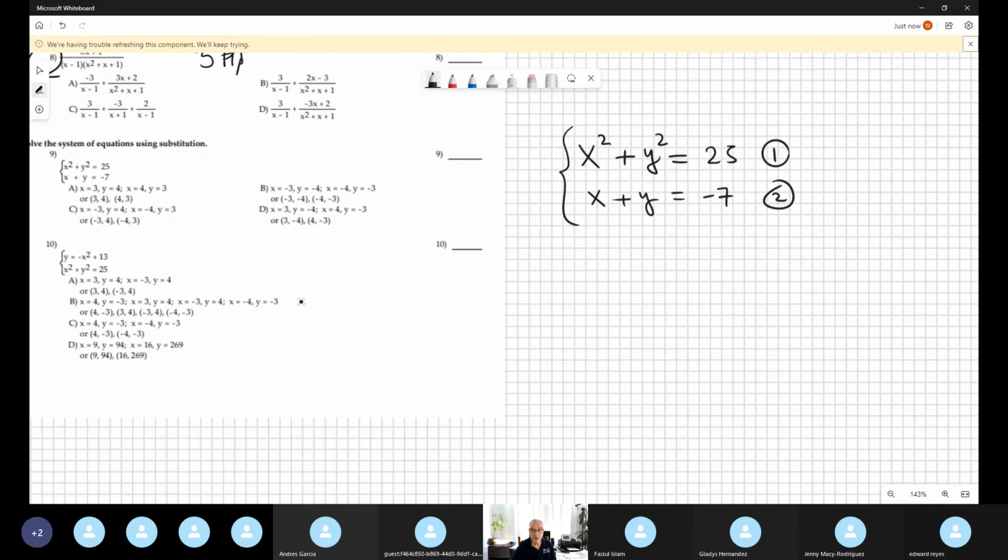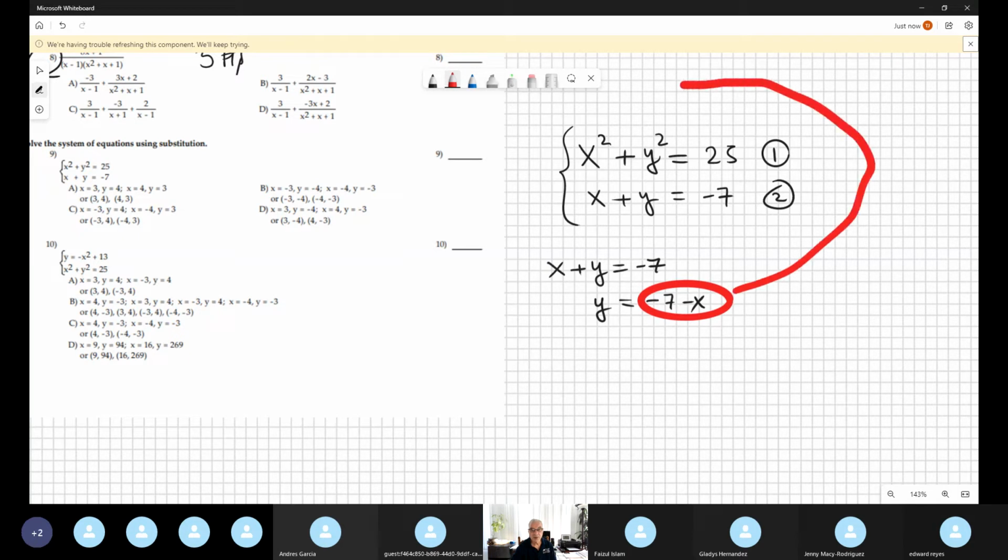In my paper, I isolate y, but you can isolate x: y is -7 minus x. You take this expression and plug it in where? In the y place in the other equation, not in the same one. In the same one, you get a cycle and never get the answer.